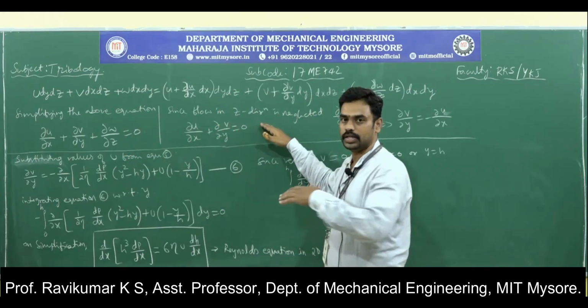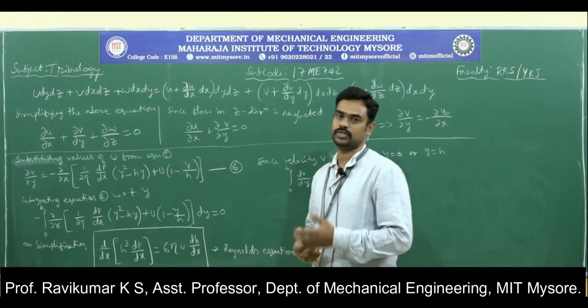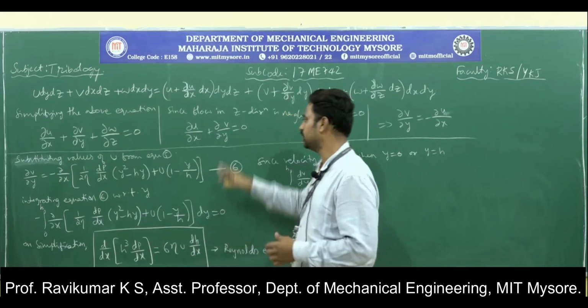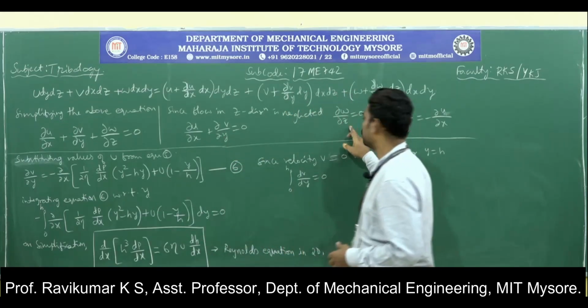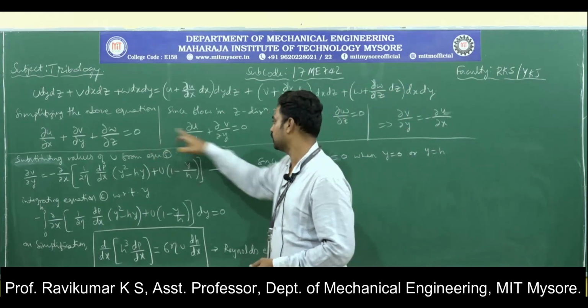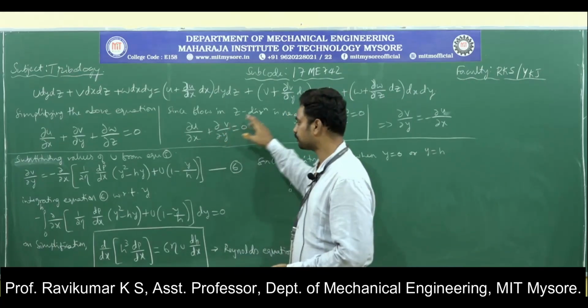The flow in the z direction is neglected because we are deriving the Reynolds equation for the 2-dimensional case. So since the flow in the z direction is neglected, we can neglect deva w by deva z, which will be equal to 0. Therefore, this equation again reduces to this 2-dimensional form, where only u and v terms will be there.